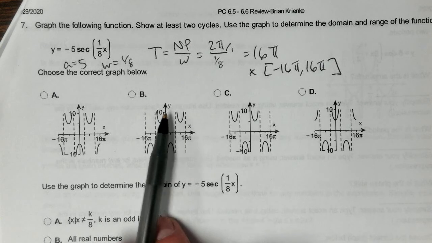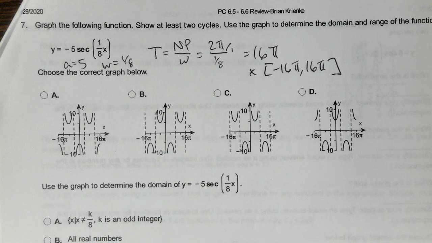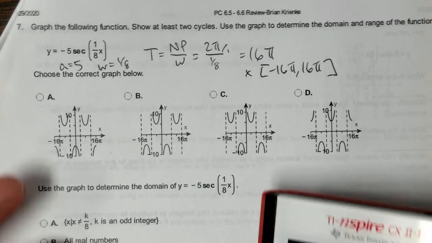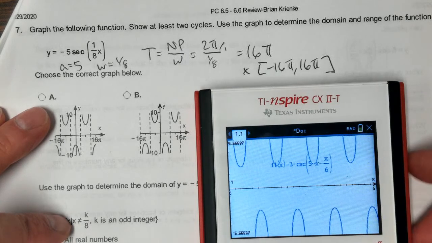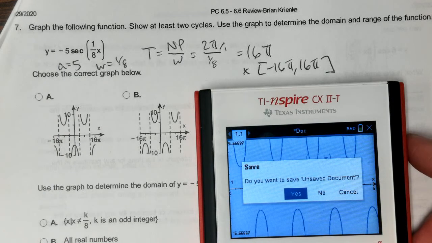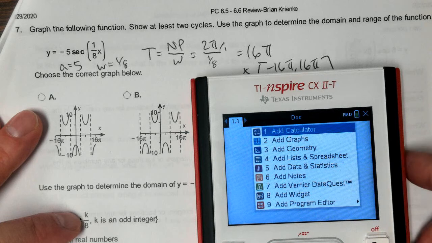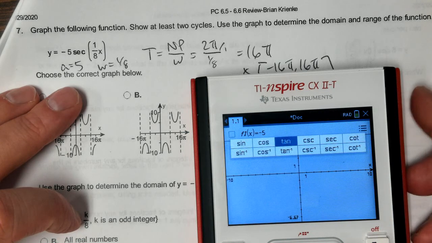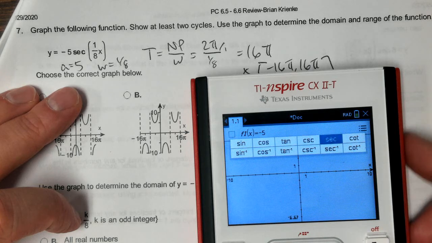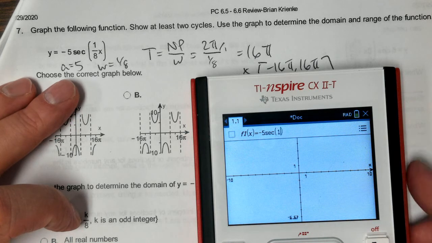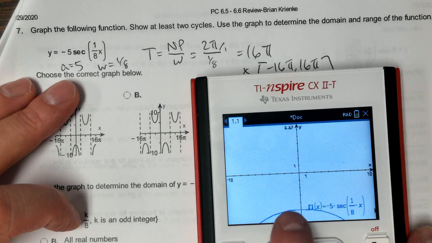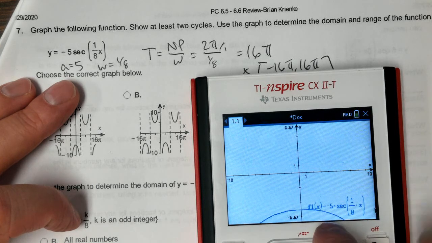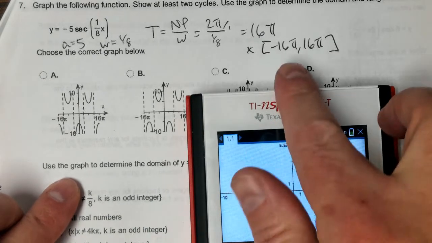So then we just need to graph negative 5 secant 1/8 x. Okay, so right there you just see it's low, but we need to change our window to match this.